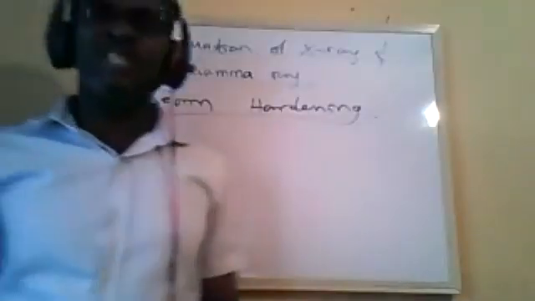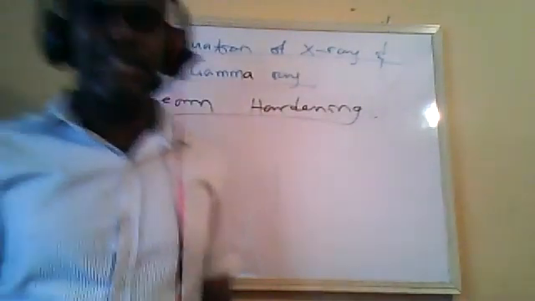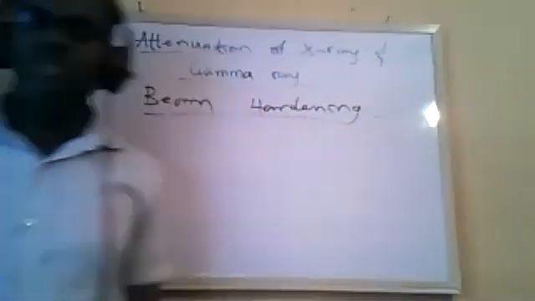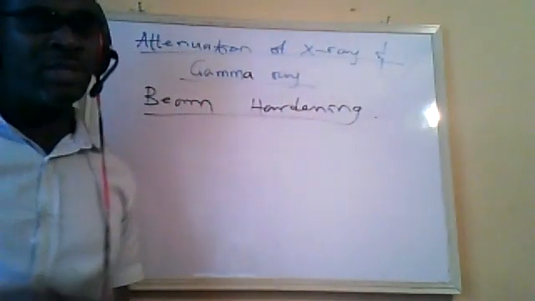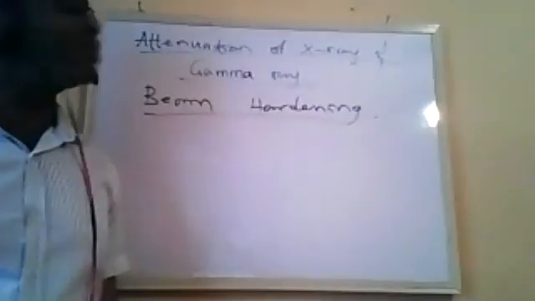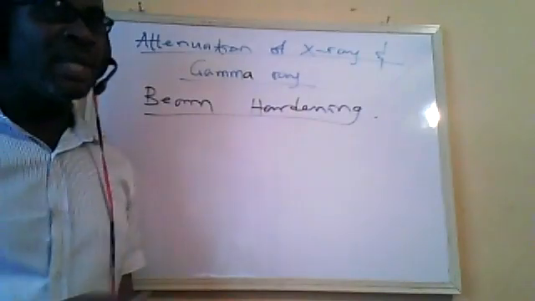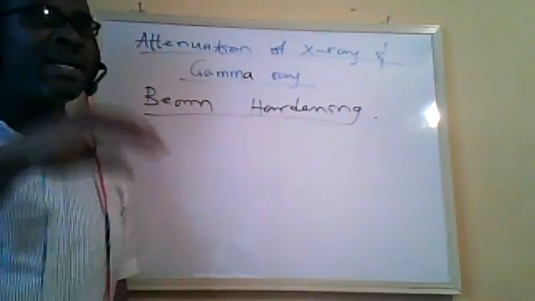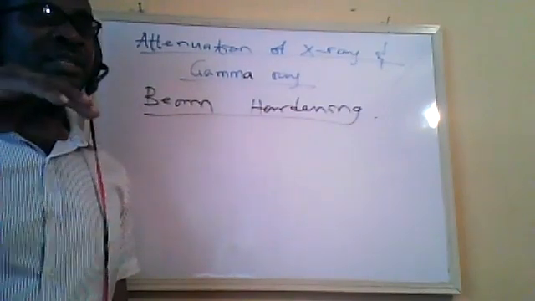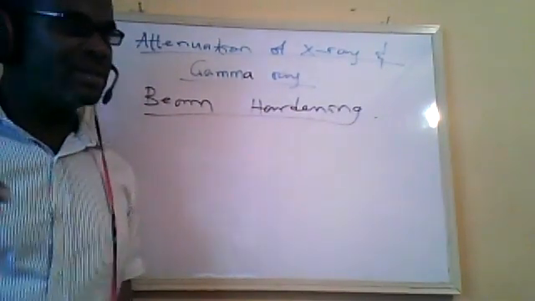At the end of the day, it should come to rest; at least the kinetic energy should be reducing. But this is not the case with photons, whether X-ray or gamma ray. As they traverse matter, their effective energy increases.